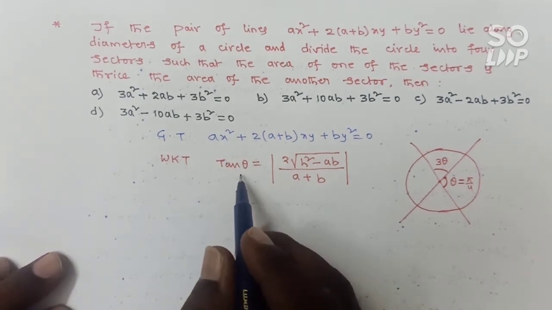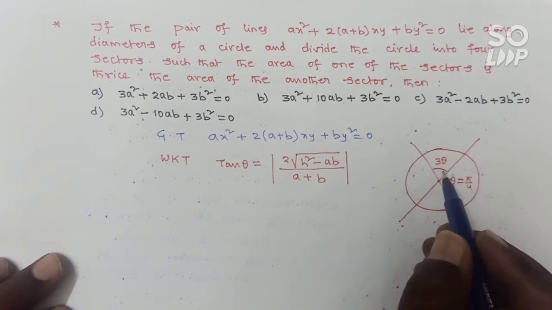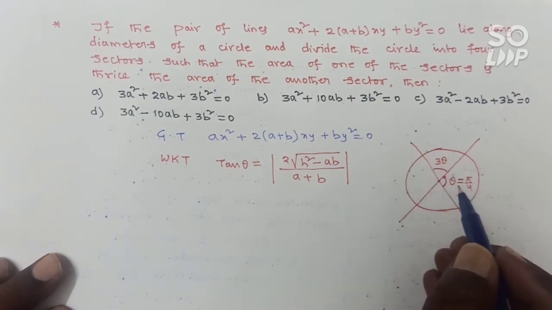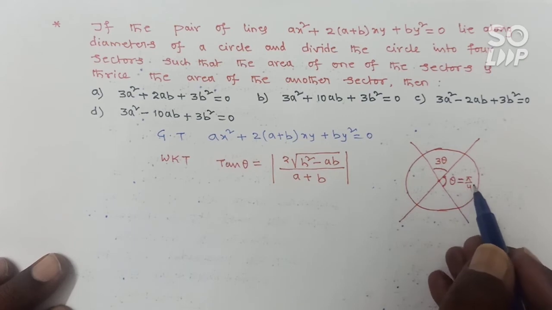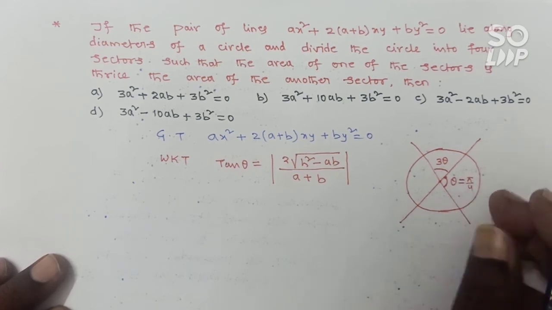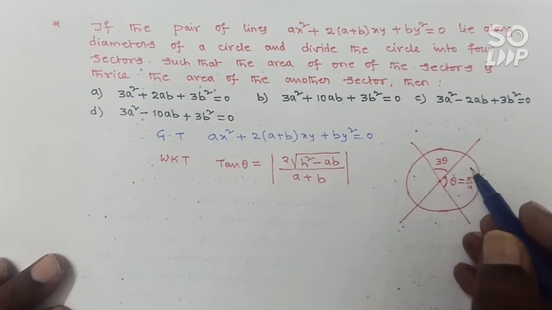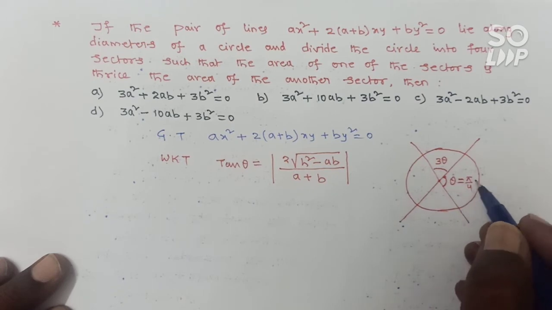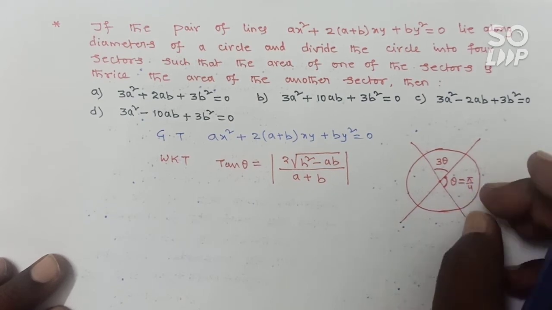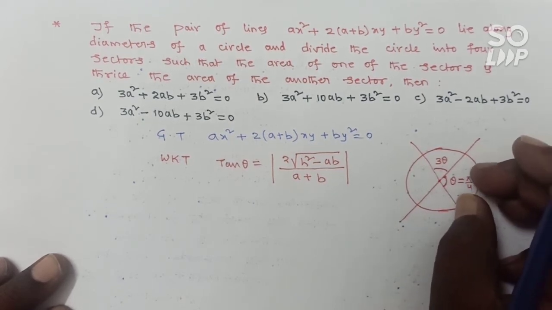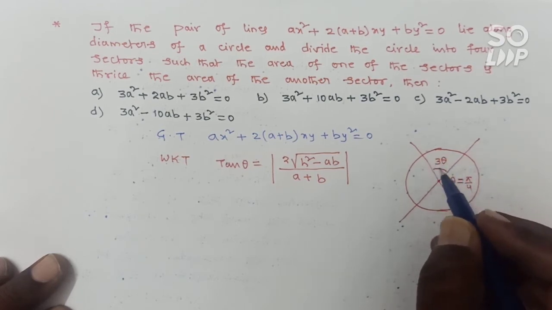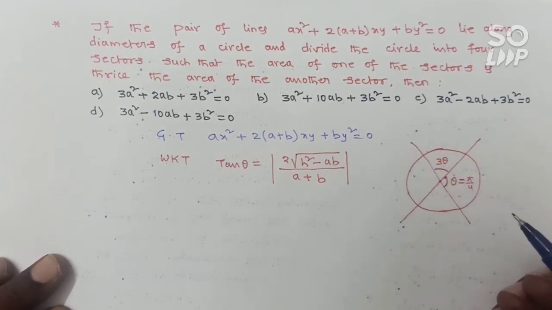Here you take either this angle or this angle. Suppose you take this angle, and suppose this area is delta, then this area will be 3 delta.